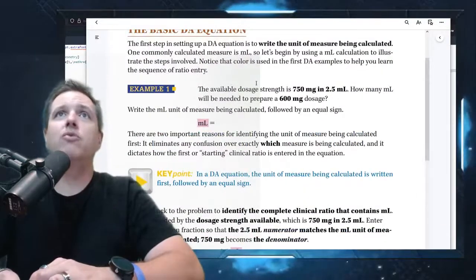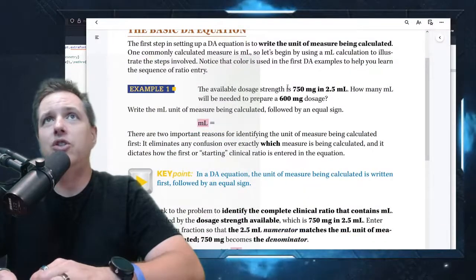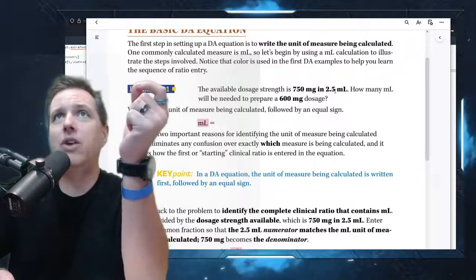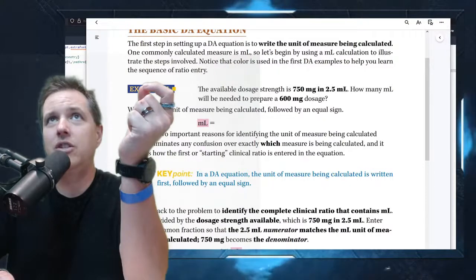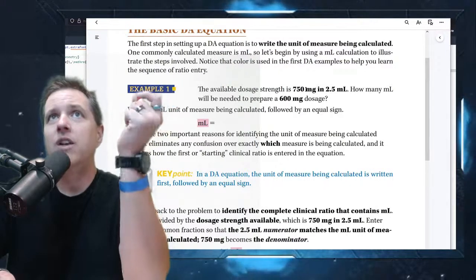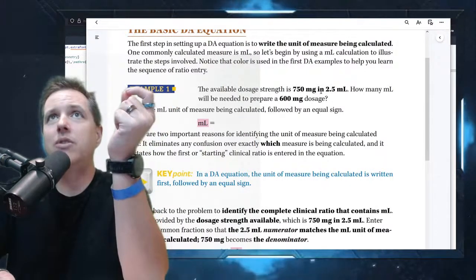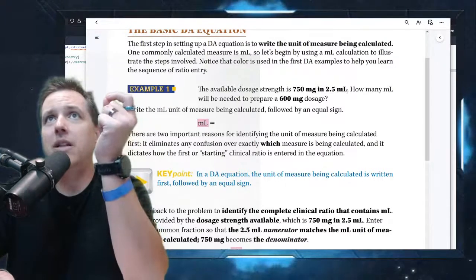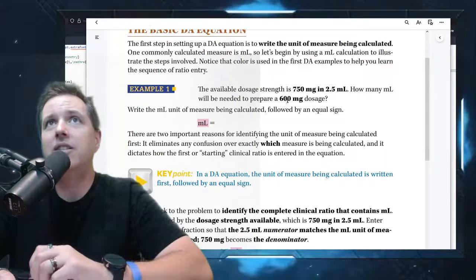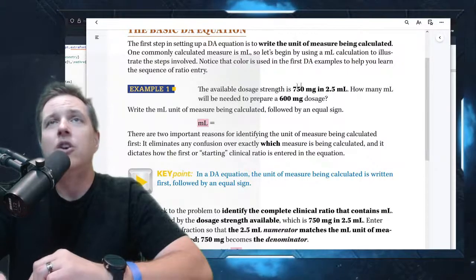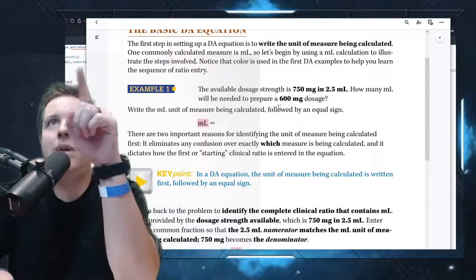So let's work through this one. The available dosage strength is 750 milligrams in 2.5 milliliters. So that's the dosage, that's the strength that we know. 750 milligrams in 2.5 milliliters. How many milliliters will be needed to prepare a 600 milligram dosage? So from that, we say, okay, they're asking me how many milliliters.